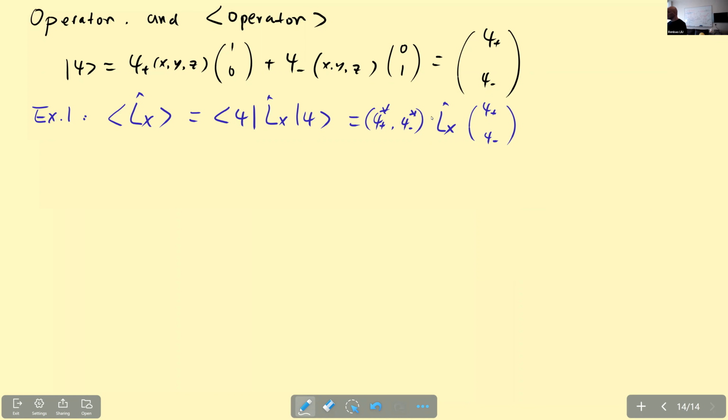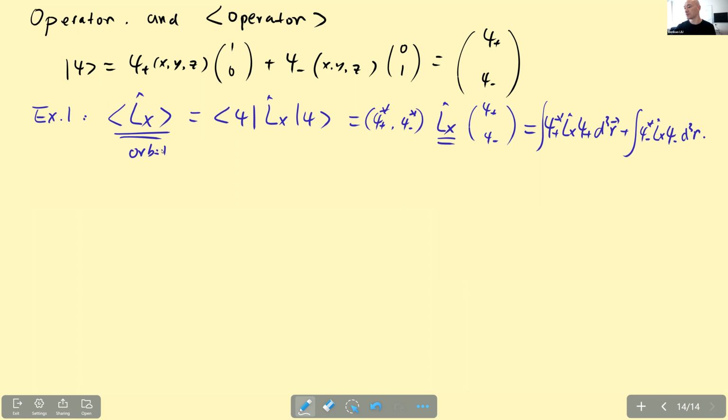Right? But this operator acts only on the wave function, it does not act on the spin. Okay? So this one is kind of diagonal. So you can write this as two terms. Okay? And then plus another term. Okay, so that's the way we calculate the average or the expectation value of the orbital operator.